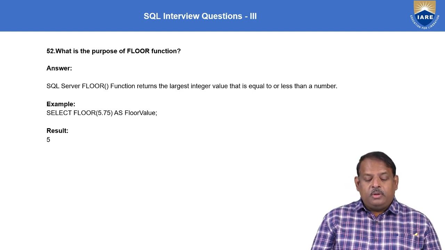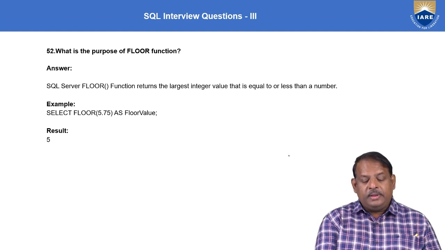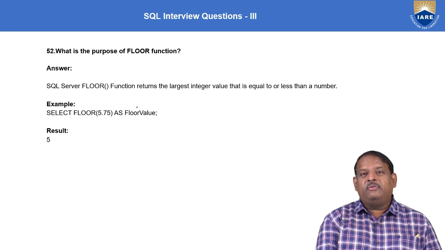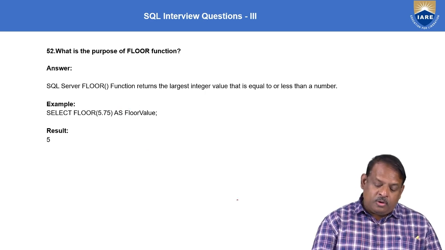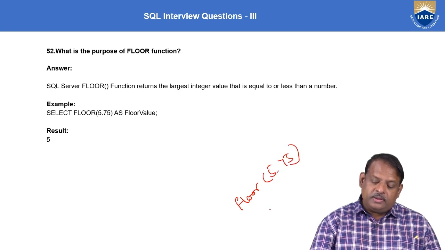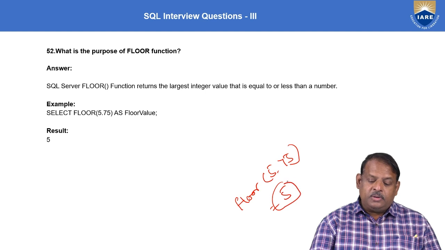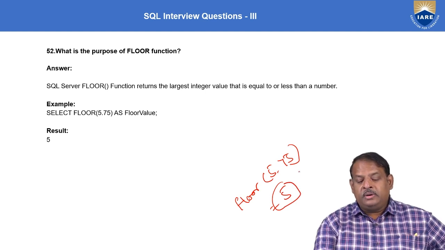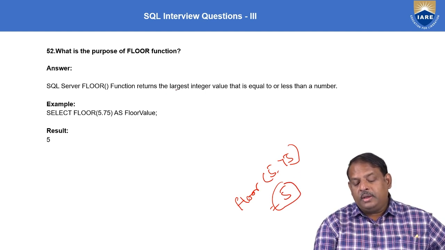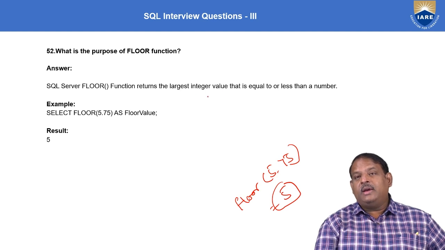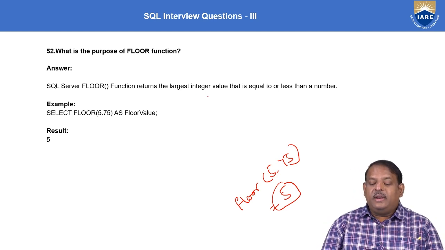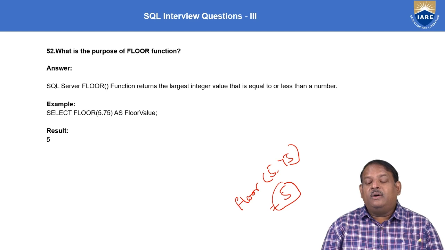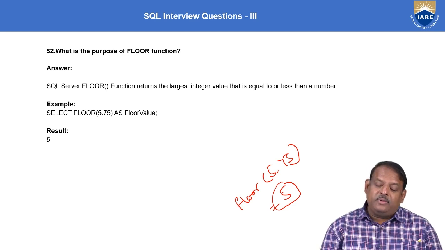So a select floor of 5.75 has a floor value. Floor of 5.75 is going to give the answer 5, because the floor function returns the largest integer value that is equal to or less than the given number.